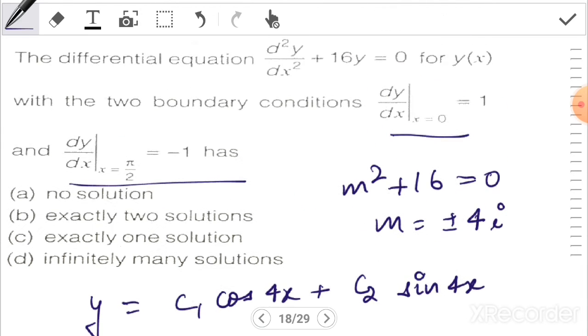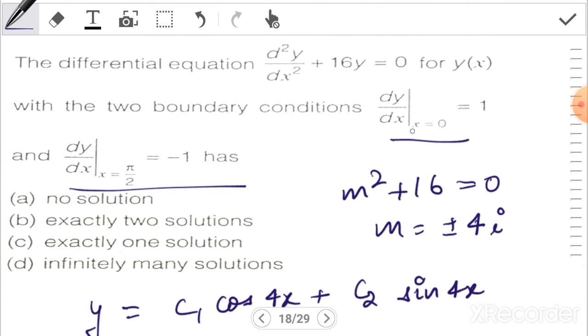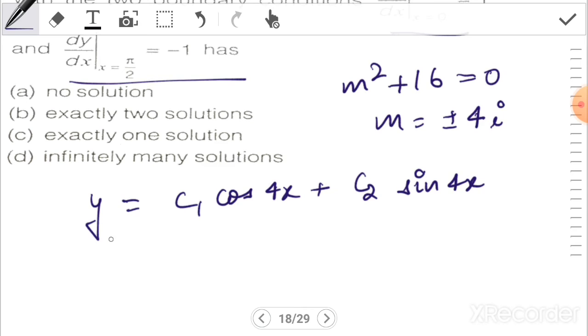Then differentiating with respect to x, we have y' = -4c1 sin 4x + 4c2 cos 4x.